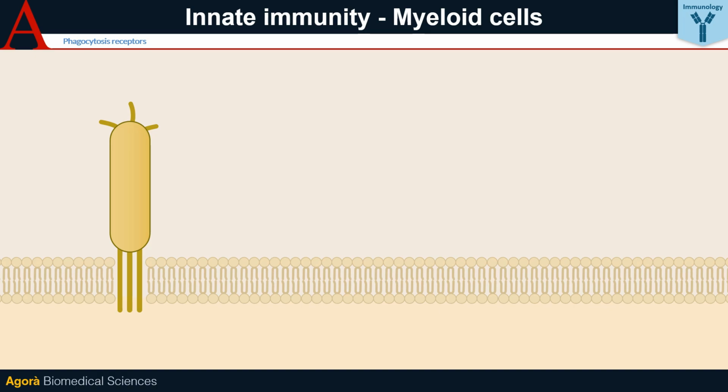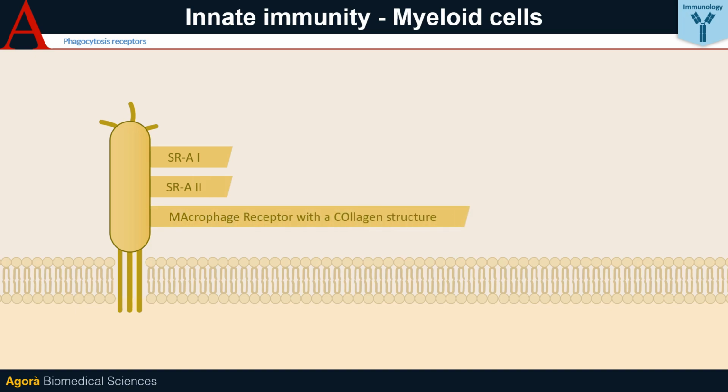Class A scavenger receptors are structurally characterized by trimering of collagen domains capable of binding various components of the bacterial wall and facilitating internalization. SRA1, SRA2, and MARCO, macrophage receptor with a collagen structure, belong to this group.